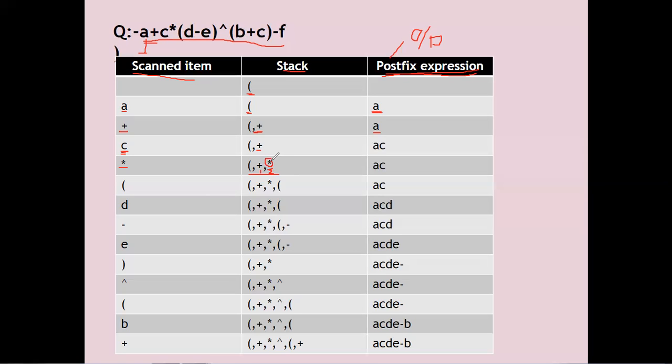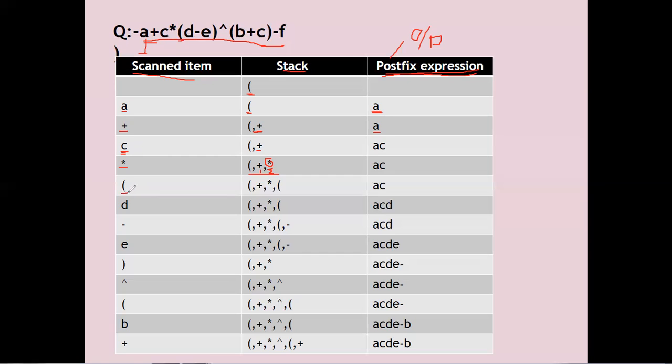So we are representing the stack in a horizontal way. Now the top of the stack is star. We push the star operator into the stack and our output string stays as it is, that is AC.